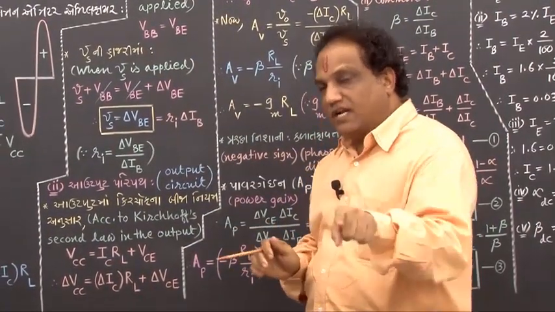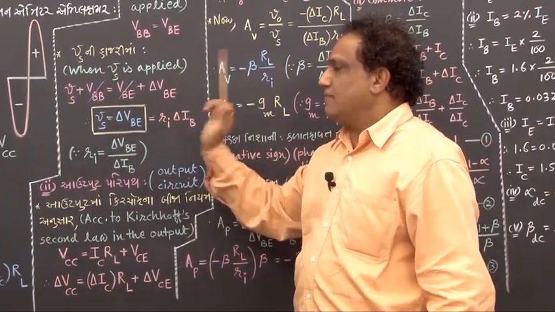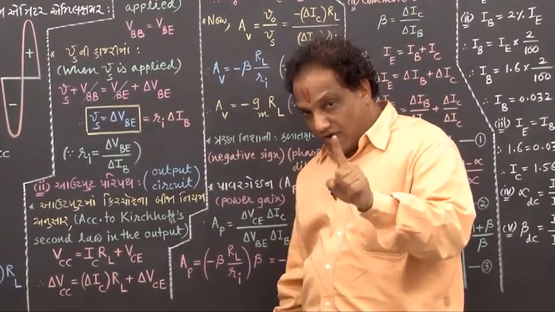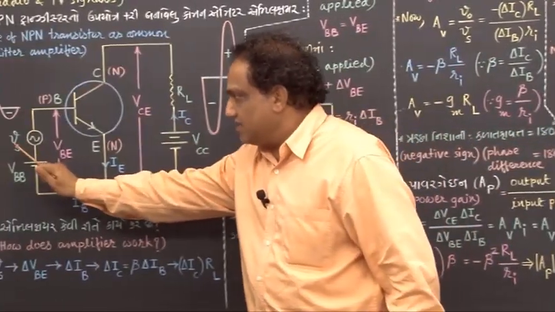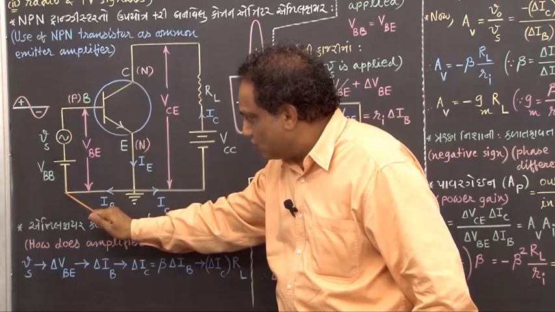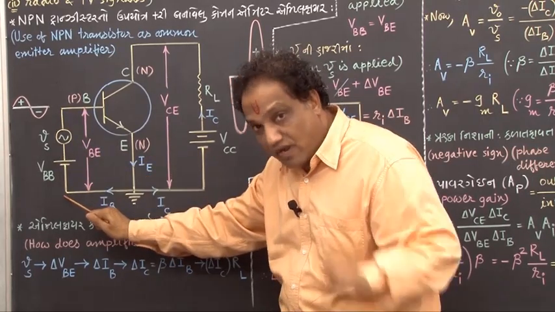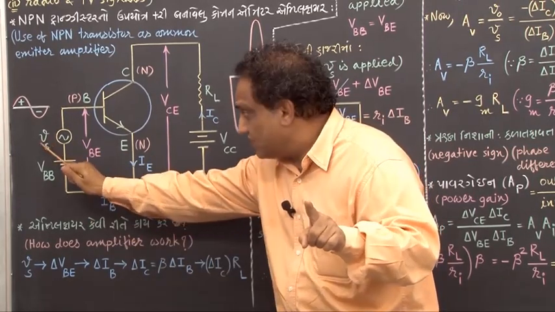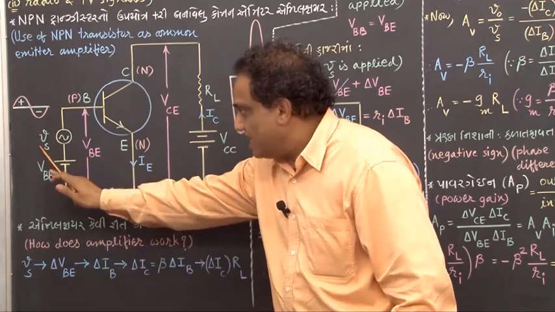Correct? Now let us see what will happen if Vs is applied. When you supply this signal voltage, the total potential difference between these two will be the algebraic summation of these two voltages. So it will be Vs plus VBB.